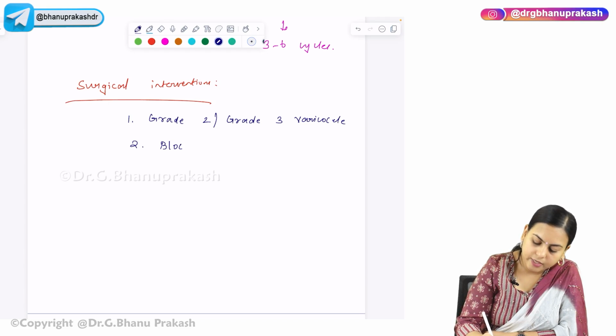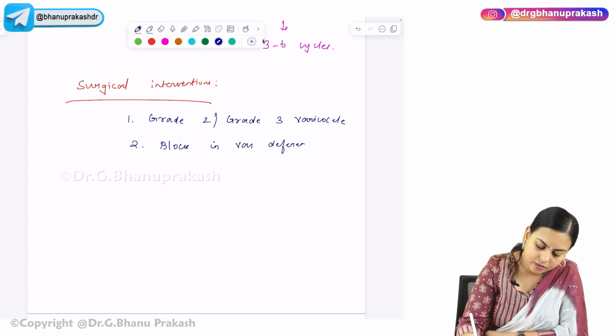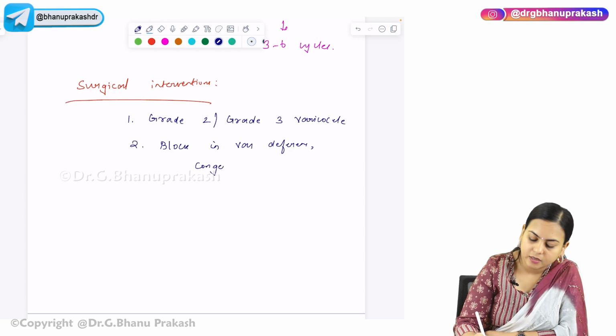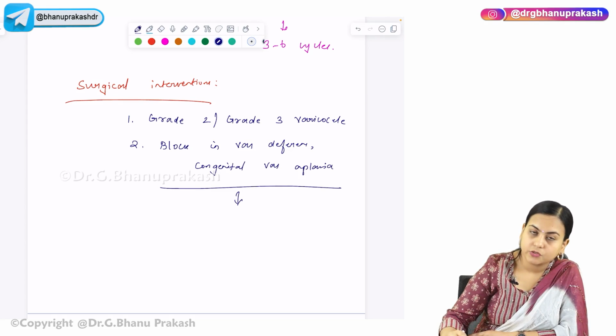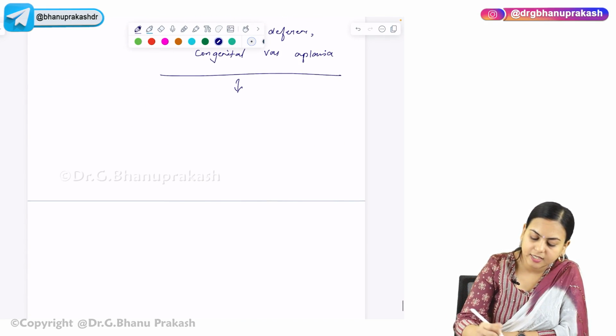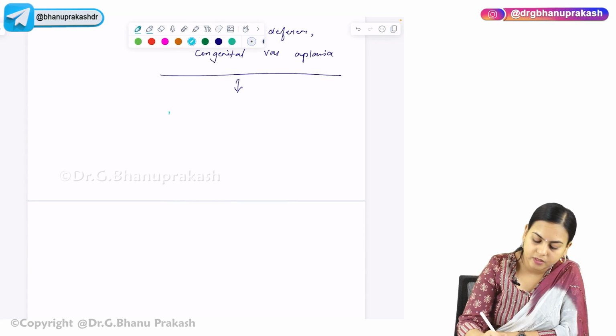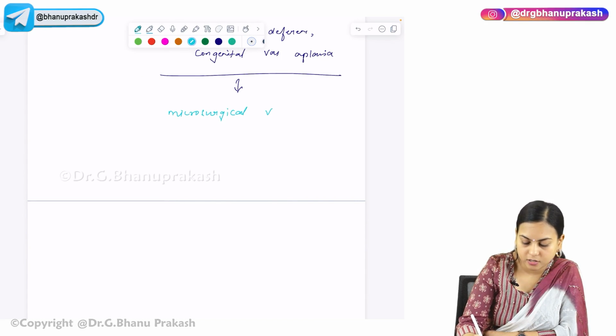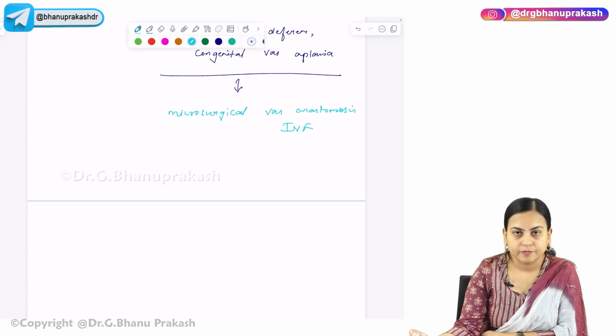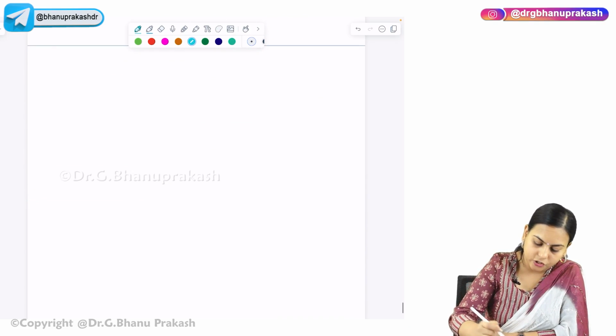Then if there is a block in the vas deferens or a congenital vas aplasia, okay, in that case we will be going for microsurgical vas anastomosis, or we can even give an IVF option, that is in vitro fertilization.